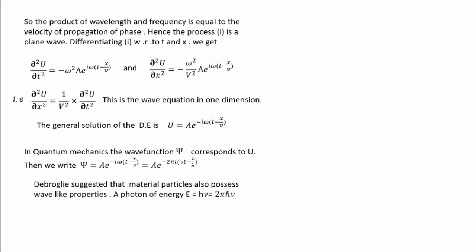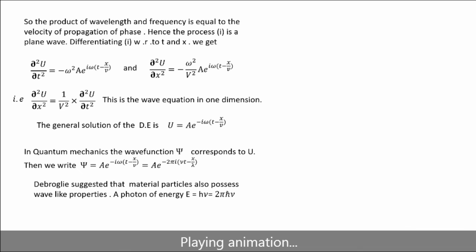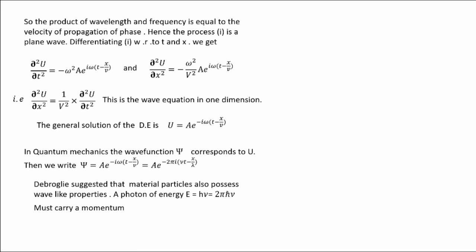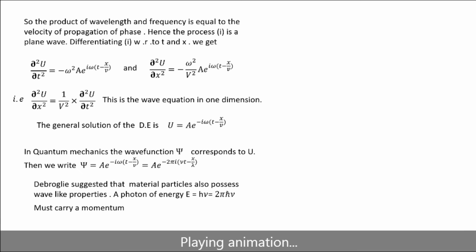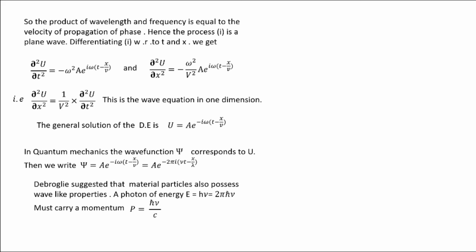A photon of energy E is equal to h nu, which is 2 pi h bar nu. Do you know what h bar is? That is really h bar, but we write it this way, where p is equal to h bar nu by c. c is the velocity of light.